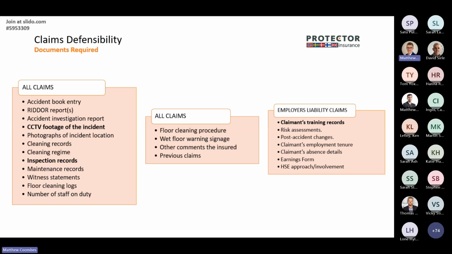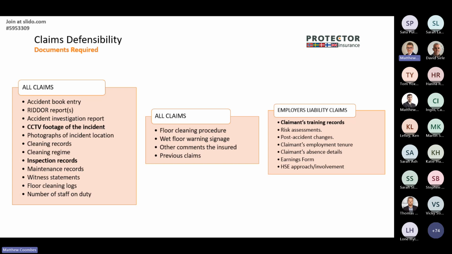I'm not going to read out everything on the slide, but there's a few vital ones highlighted in bold, which aren't particularly clear, but they are there. As shown in the previous example, CCTV can be very useful in claims defensibility, and the incident may be captured in real time, showing exactly what happened.